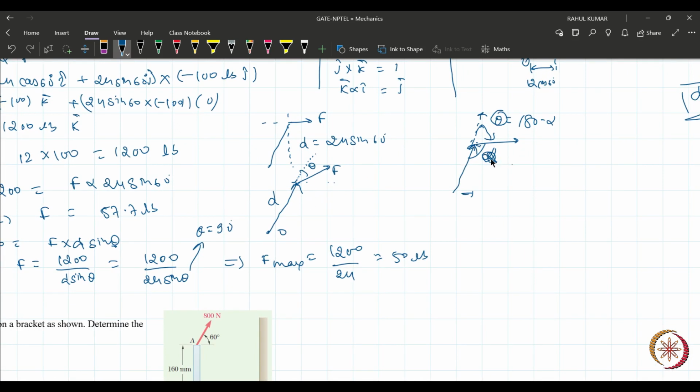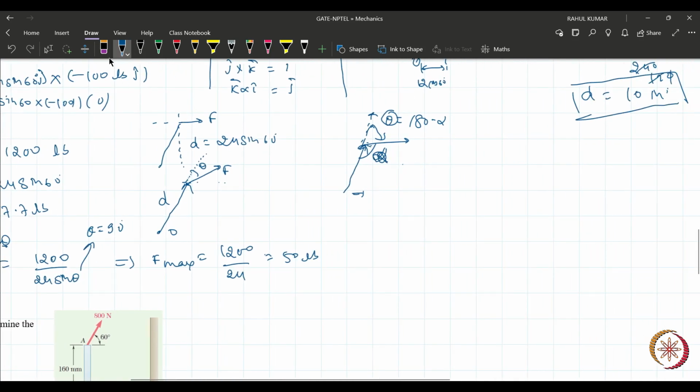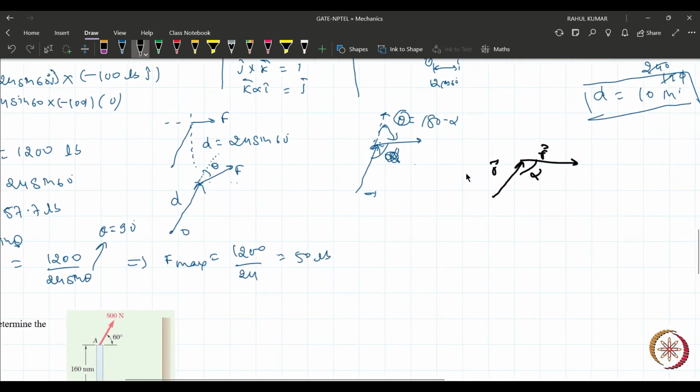Alpha is also the angle between position vector and force, isn't it? Actually, you got confused. So you are saying that the angle between R and F is alpha. So why am I writing 180 minus alpha here? Is that your question?